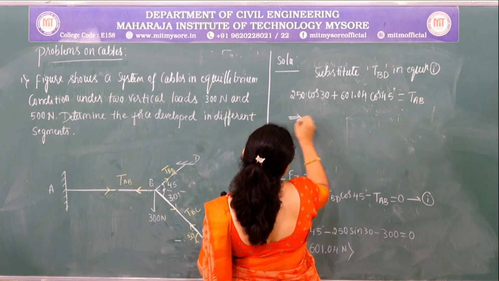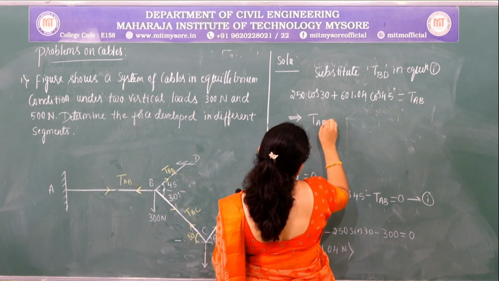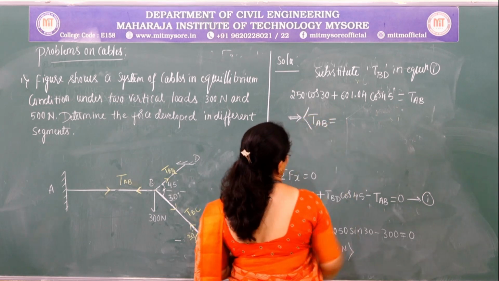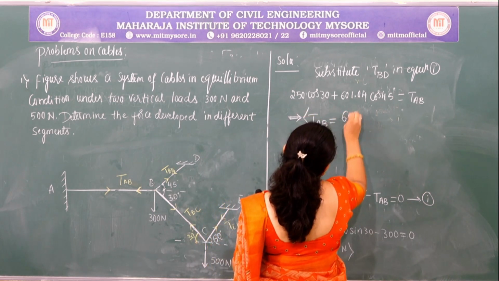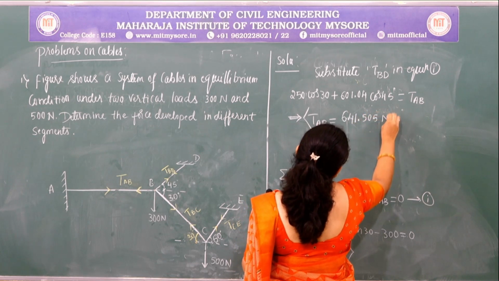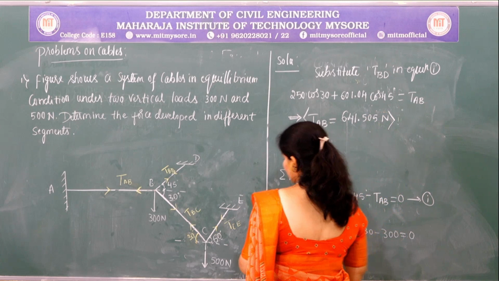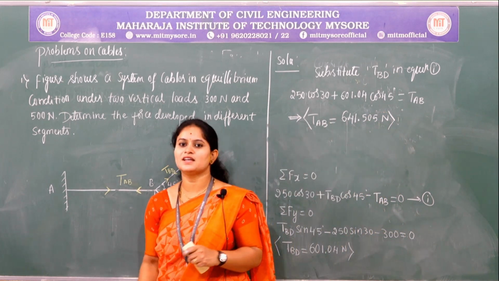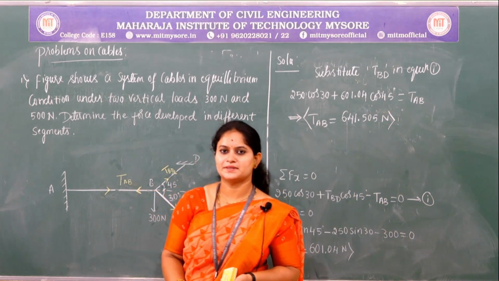So that implies TAB is equal to 641.505 Newton. Now we got all the forces at different segments.